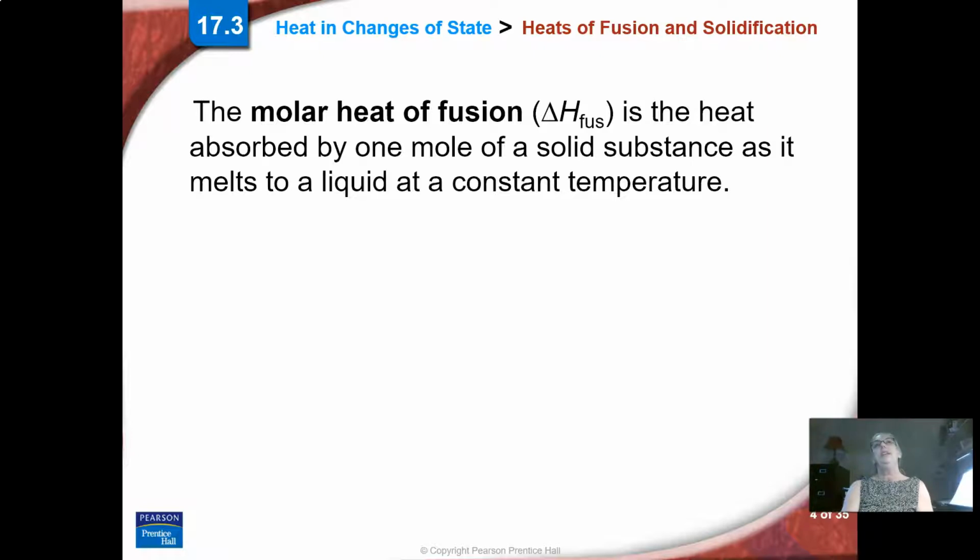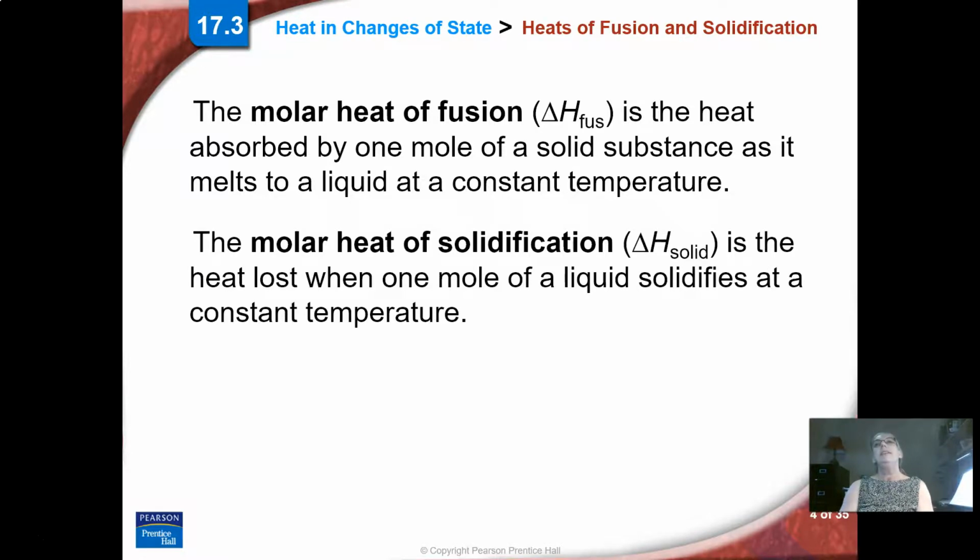Molar stands for 1 mole. Delta H solid is for heat lost when 1 mole of a liquid changes to a solid at a constant temperature. So delta H fus and delta H solid are those molar heats.